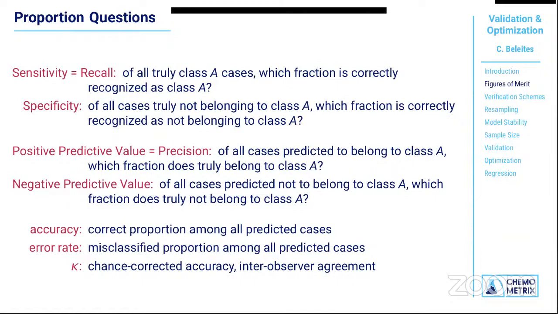Positive predictive value is also called precision. Although, careful here, there's a bit of a mess with the terminology, because precision may also mean low random error. So you need to be very careful when you use the term precision, which of the meanings you refer to.